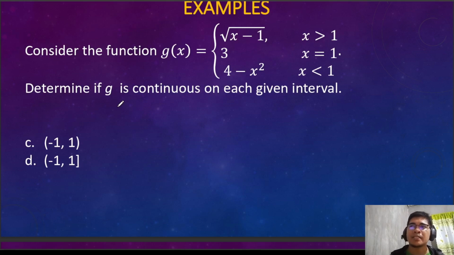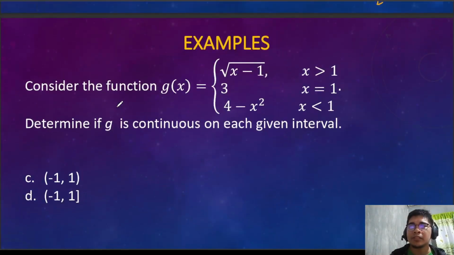So here, for example, letter C, we have x is greater than 1, x equals 1, and x is less than 1. So what is in between negative 1 and 1? That is 0. And 0 is what? That is less than 1.